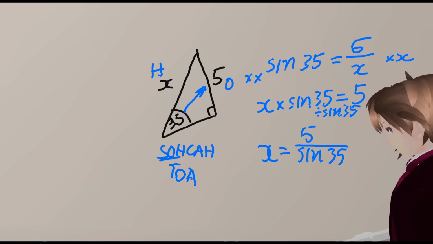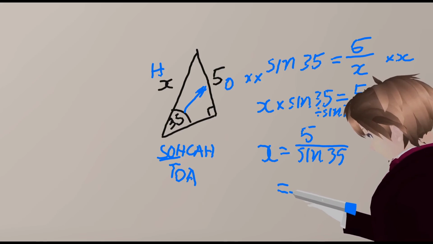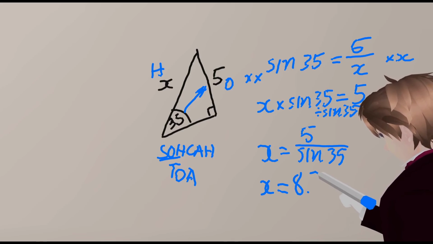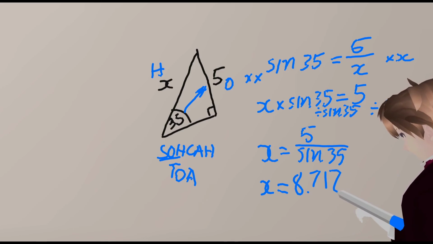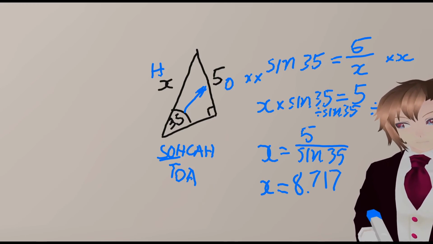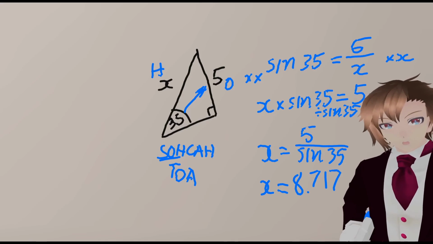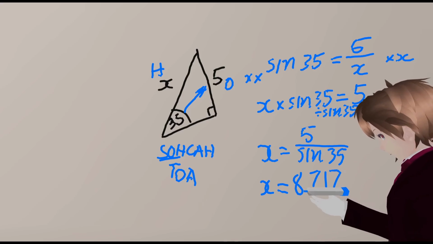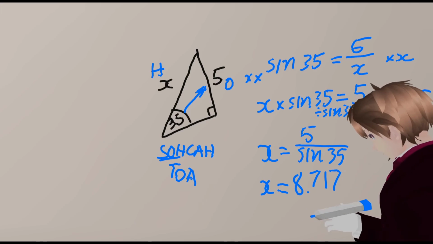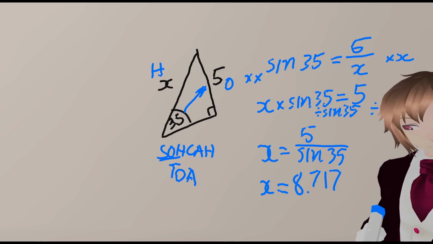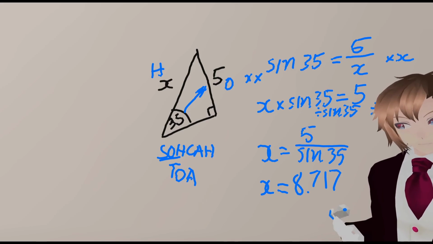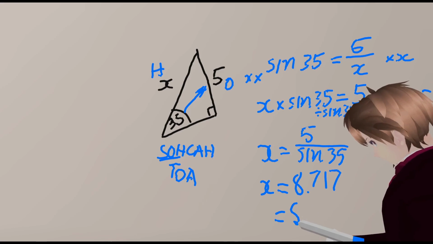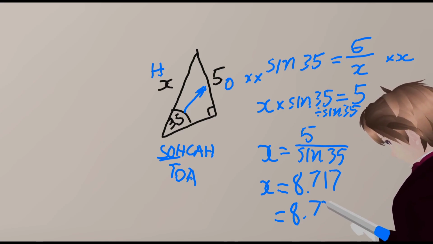Now, if we put this into a calculator, we are going to get x is equal to 8.717. Now, I like my answers to be in 2 decimal places. If you ever get a question that doesn't ask how many decimal places, I always put in 2. So this here is a 7 on the end, so that's going to make our 1 round up because it's above 5. So my x is equal to 8.72.